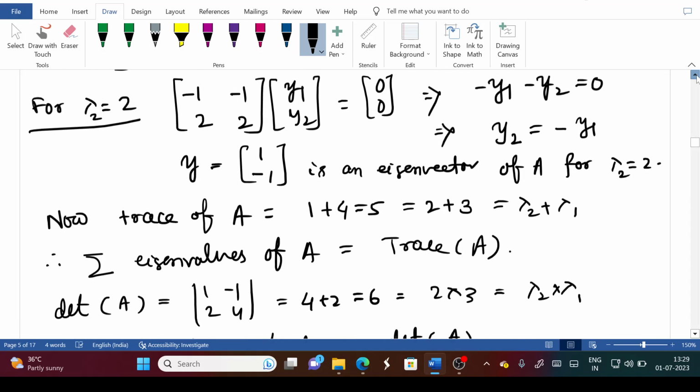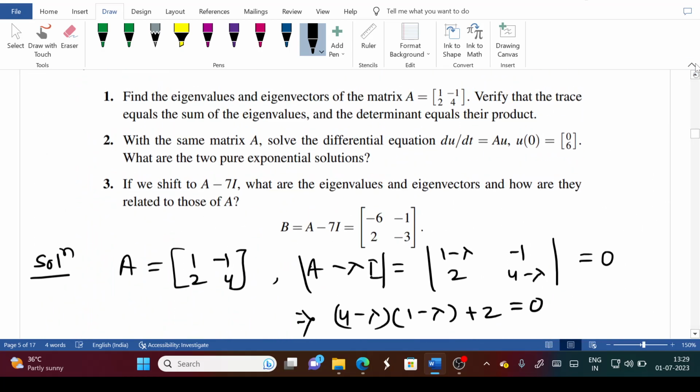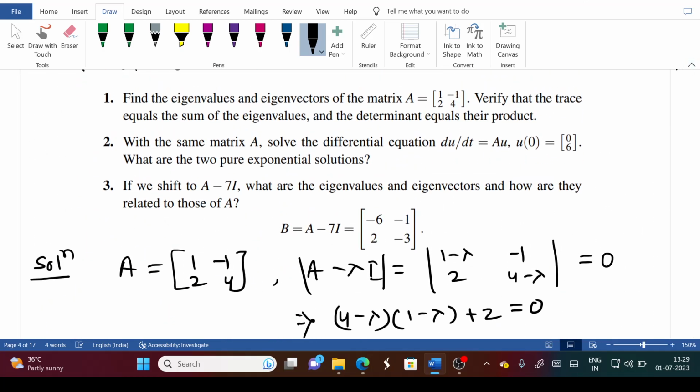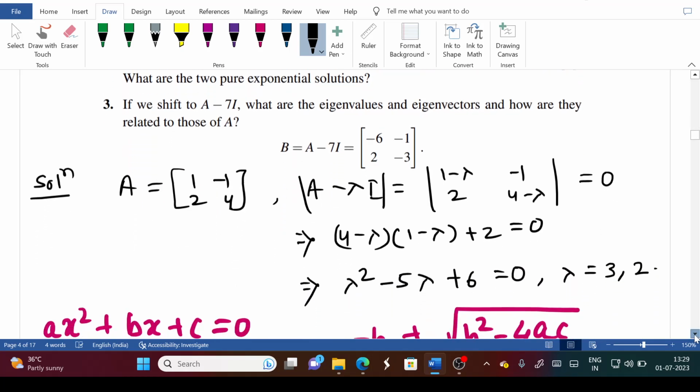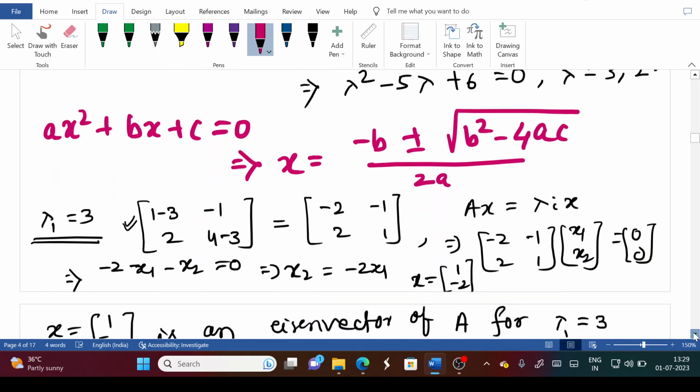Here what is question number 3 telling? What are the eigenvalues and eigenvectors of A - 7I which are related to those of A? We know here one of the significant properties. So that property was missing there in the list. Okay, so here I will write in this color.